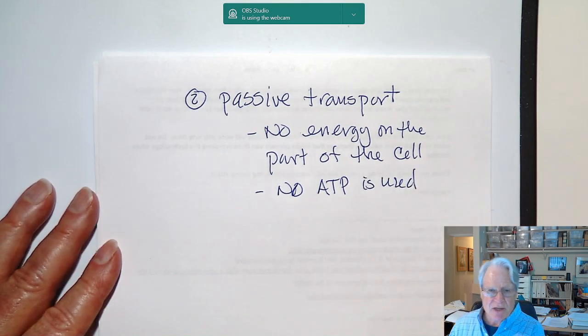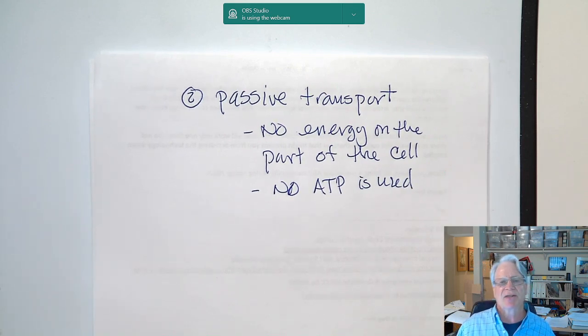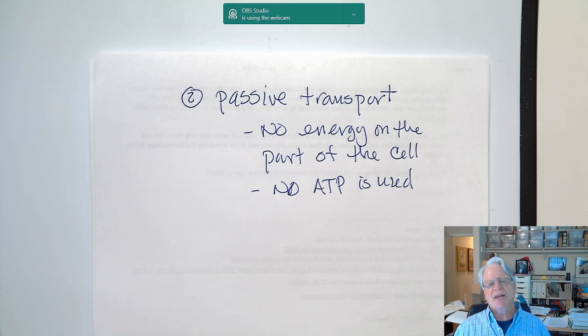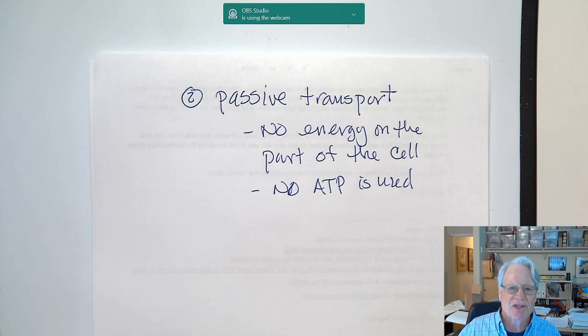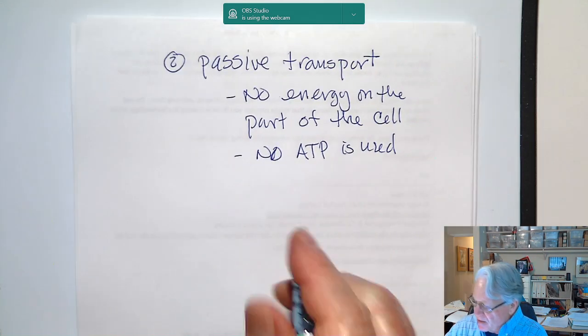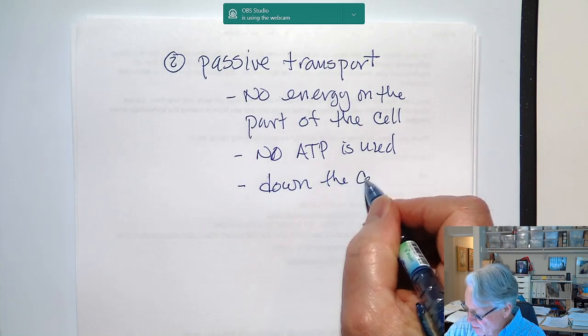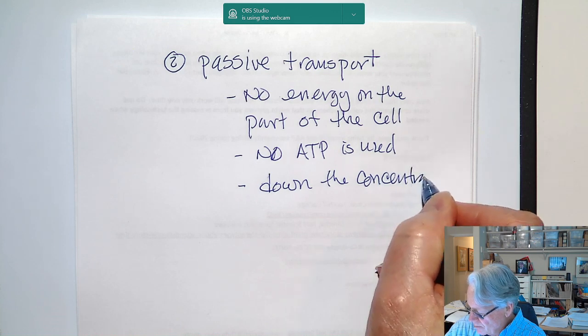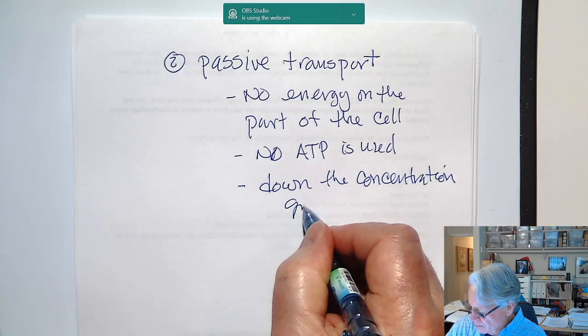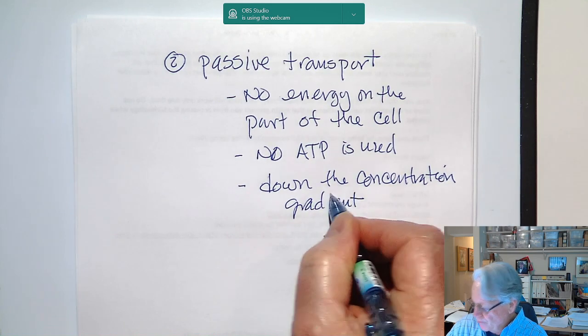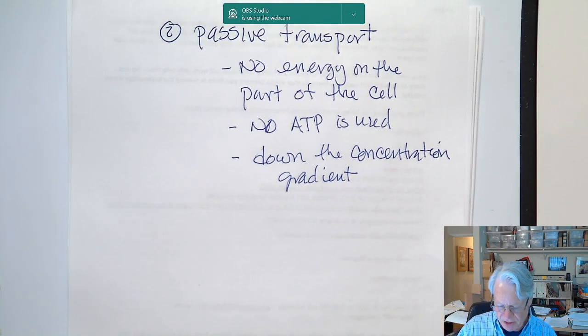Okay? And as you recall, ATP is the energy currency of the cell. So no use of energy on the part of the cell, which is different than saying that there is no energy in this system. There is energy, otherwise it would not happen. But the cell does not have to supply that energy. And movement in this case is down the concentration gradient. Moving down the concentration gradient.